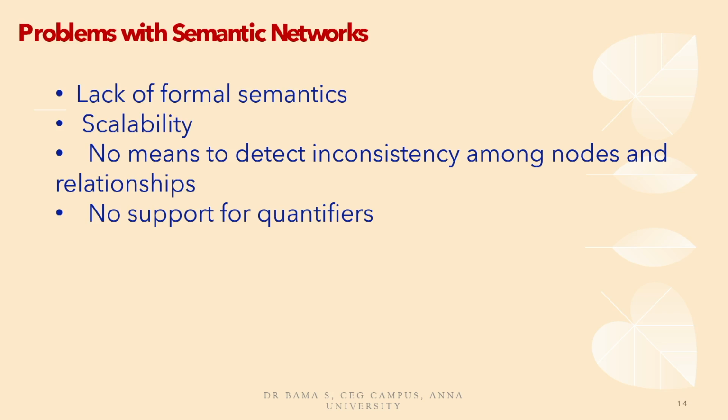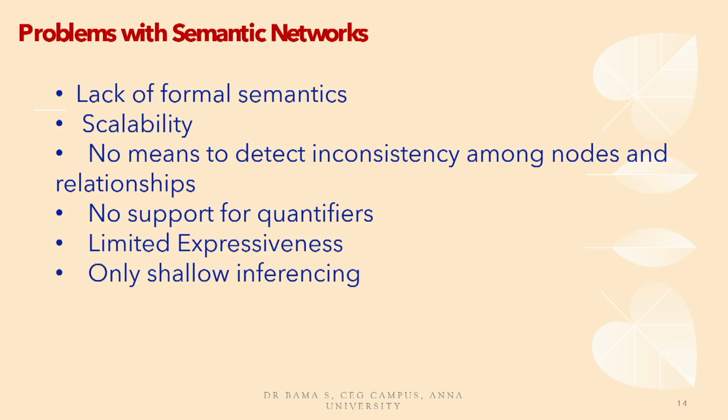So, in semantic networks as such, quantifiers cannot be explicitly mentioned, and it has limited expressiveness, and only shallow inferencing is possible. Like I said about inheritance, only those are possible, and other deep types of inferencing, like the resolution process or theorem proving methods, we cannot use with the semantic network structure.